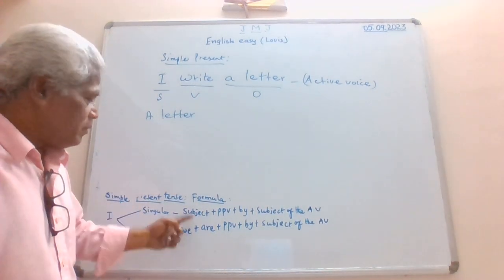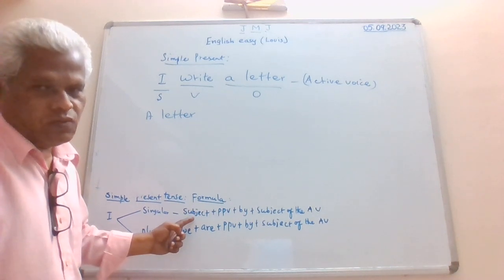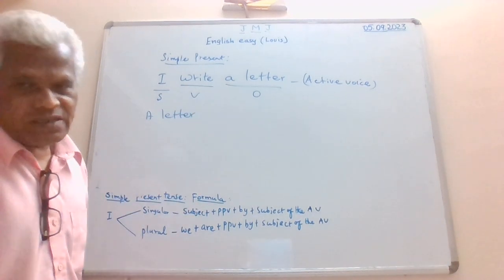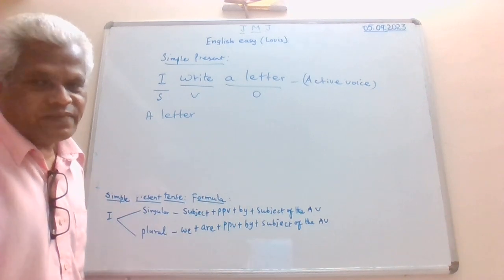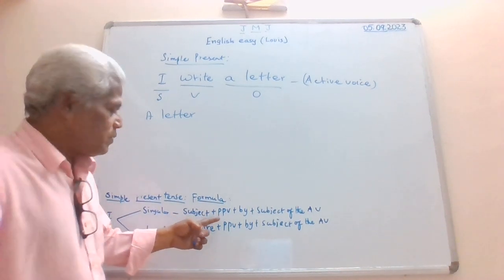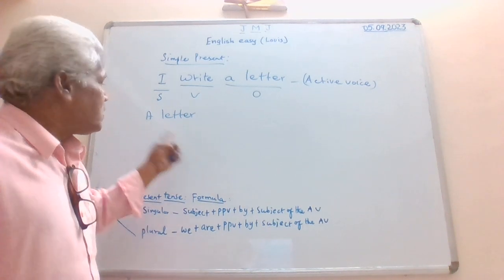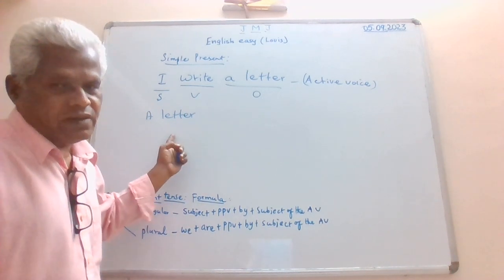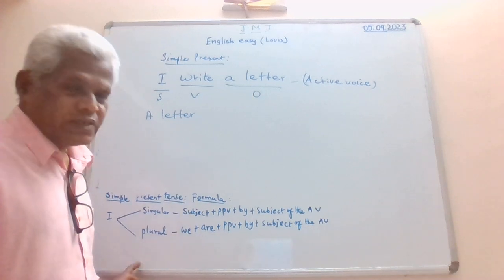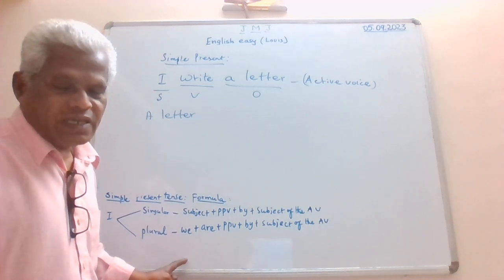Clear? Now, since it is present tense, we have to have the verb according to the subject here. According to the subject. When it comes to third person singular, I will write is and all that.